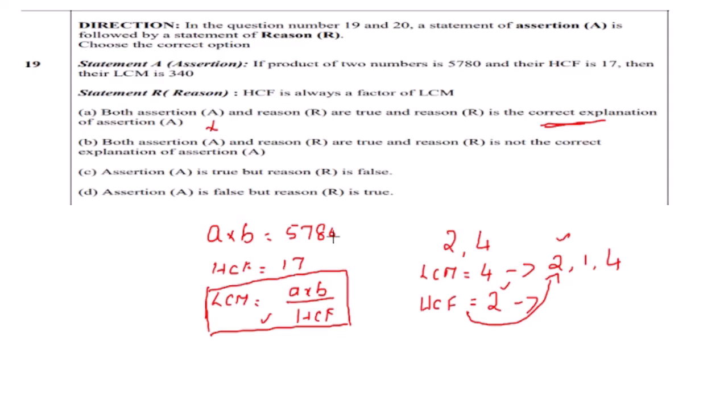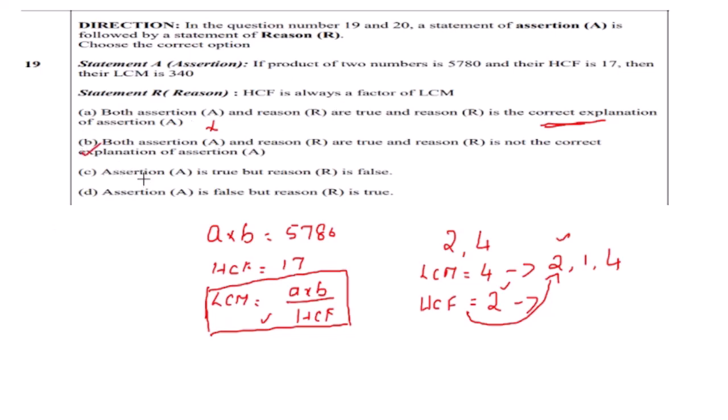Yes, both are true. And reason R is not the correct explanation of assertion A. Correct, right? Both are actually true statements. But the second one, that is reason R is not the correct explanation of A. I think this is correct.